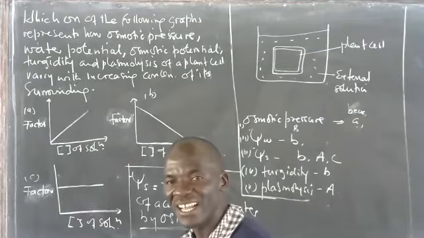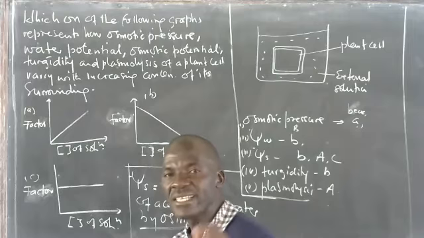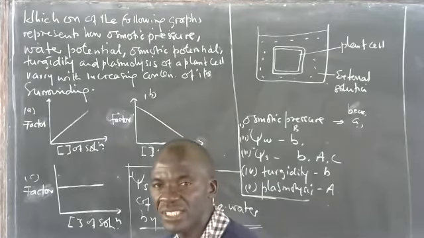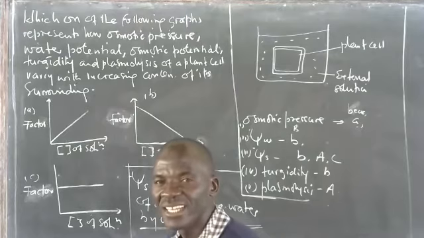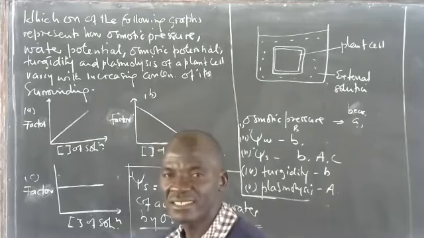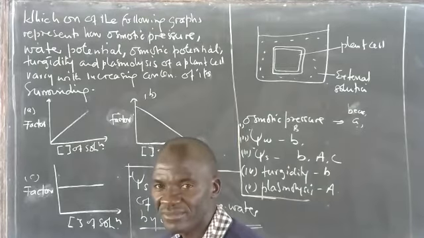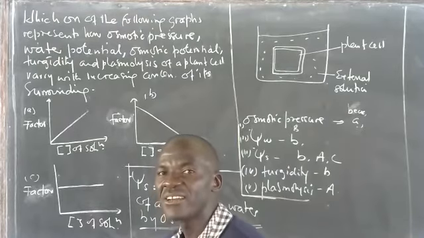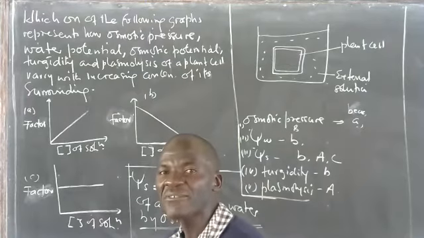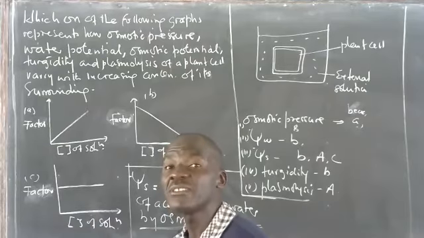So when a cell is highly concentrated, it has a lower tendency to lose water, and that means a lower solute potential. But it has a higher tendency to absorb water, so it will have a higher osmotic pressure.